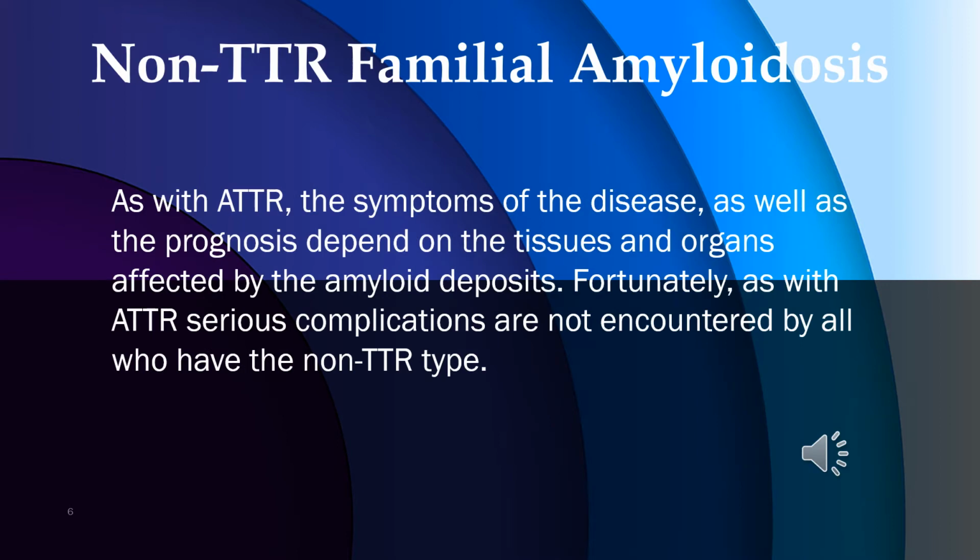Now, just like with ATTR, the symptoms that people have, the prognosis, all depends on how much of the tissues and organs have been affected by these amyloid deposits that build up and affect their function. Now, fortunately, just like with the ATTR, serious complications are not encountered by everyone who has a non-TTR type.